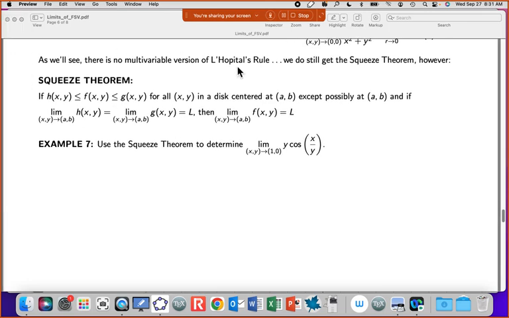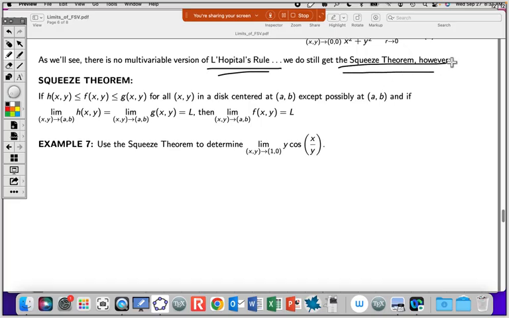There is no version of L'Hopital's rule that works here. You could use L'Hopital if you restricted it somehow, like if you got it into terms of limit of just r or something like that. But in general, there's no two-dimensional version of L'Hopital's rule. And we'll talk about that when we get to local linearity next week.